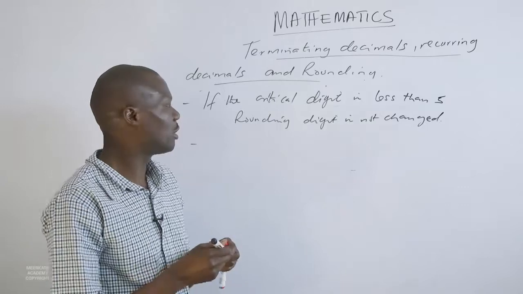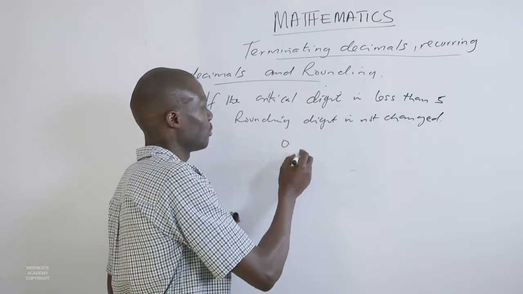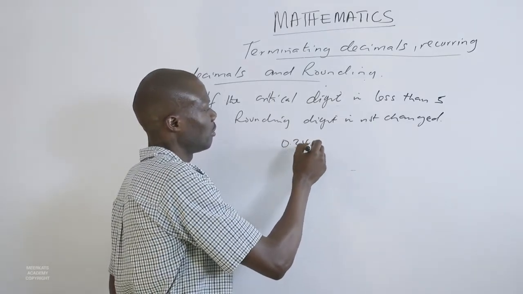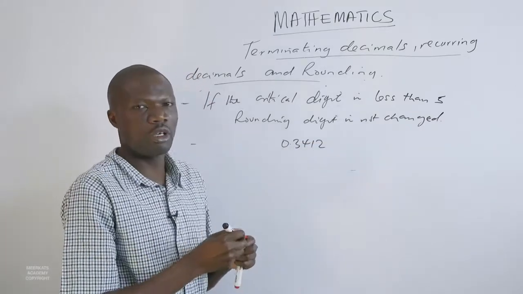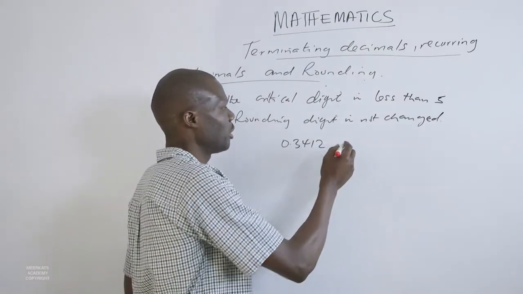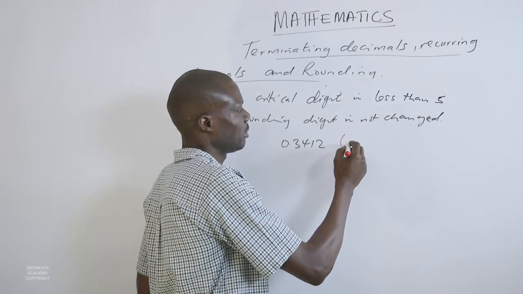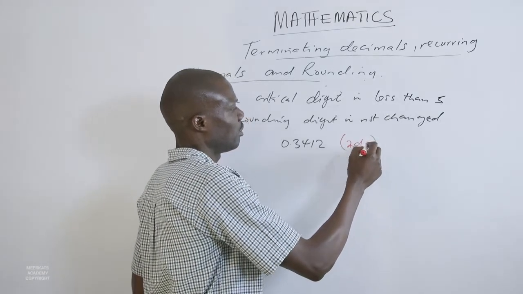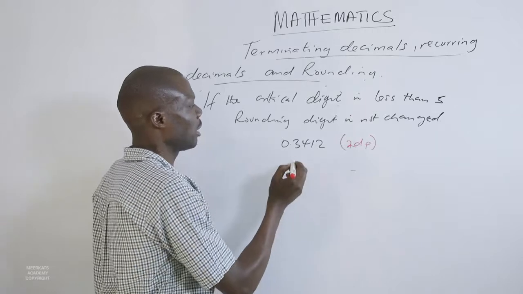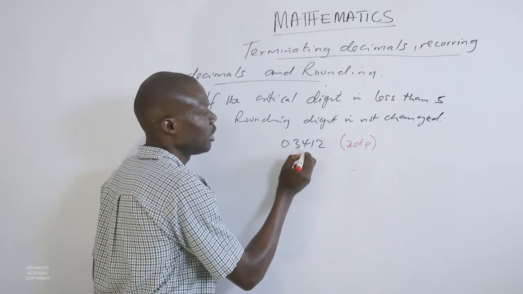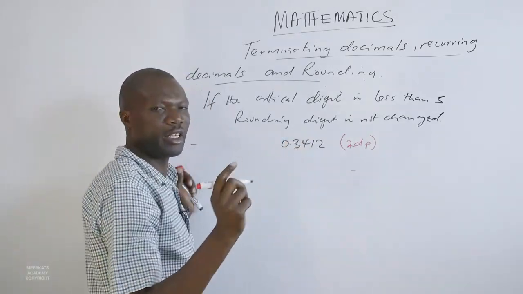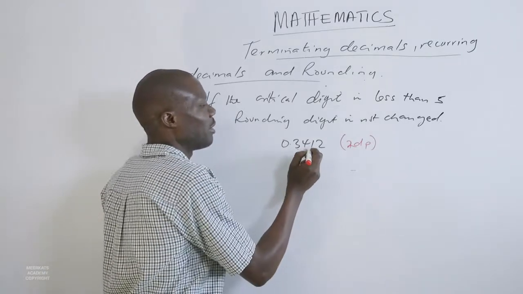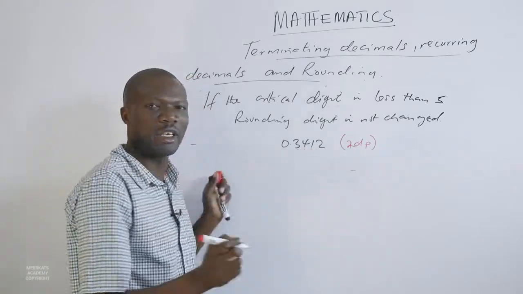For example, if we are to round this to 2 decimal places, then we look at 1, 2. The 4 is the rounding digit, and the 1 is the critical digit.